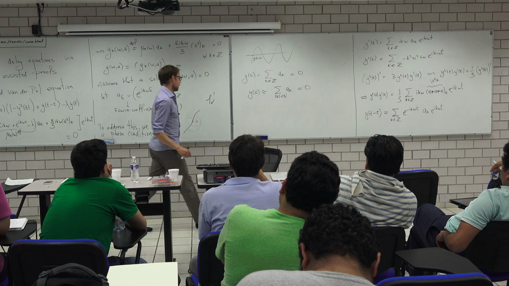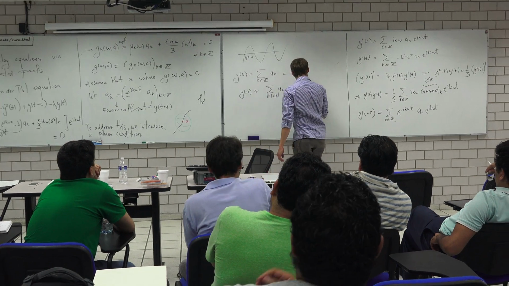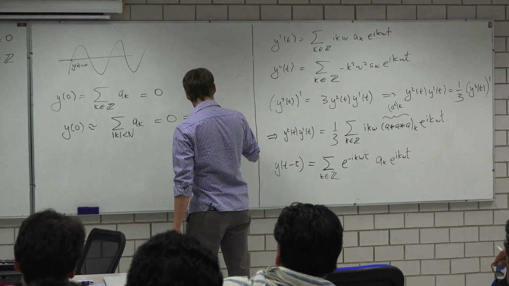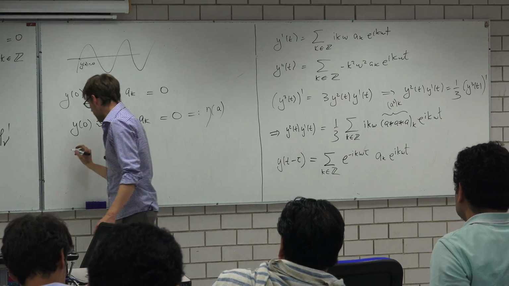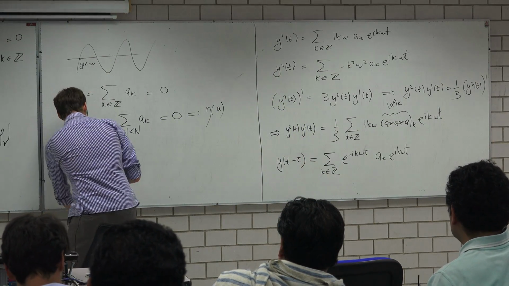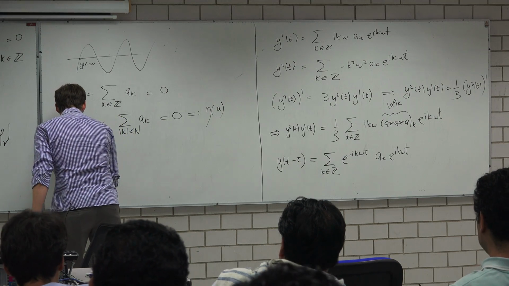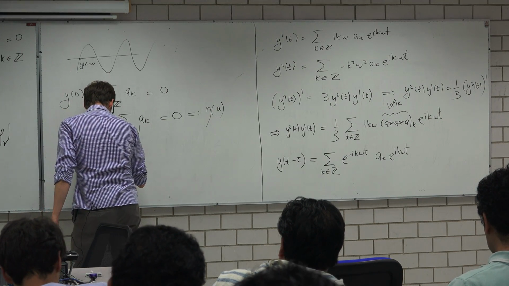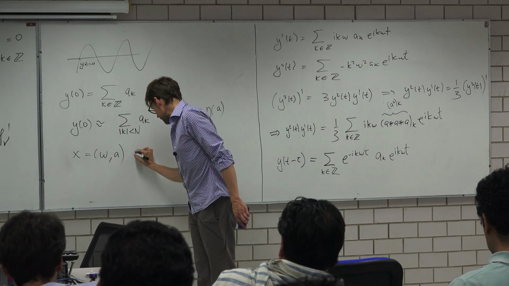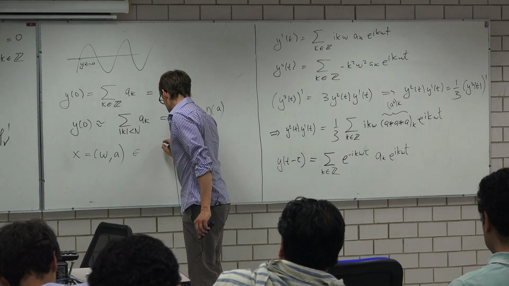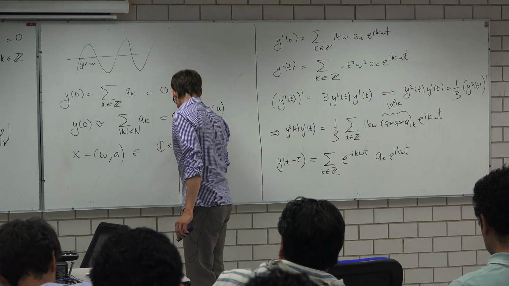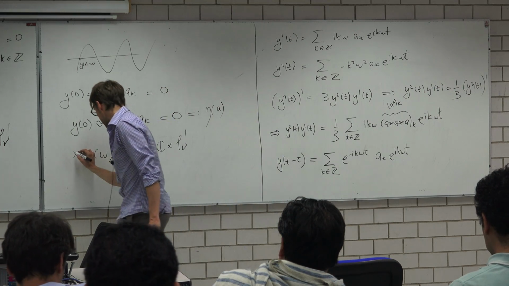Okay, so I'm going to define this as eta of a, that's my phase condition, given a number n. And now my map F, I define x to be omega and a, and that's going to be part of my Banach space, which I denote by C cross L^1_nu.